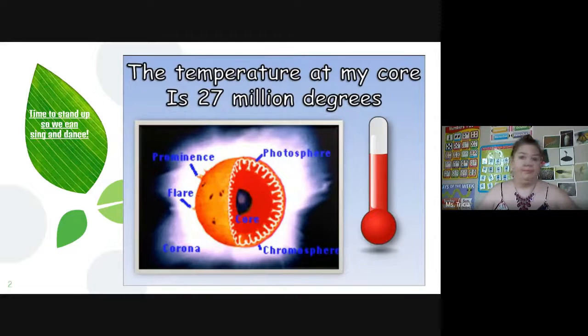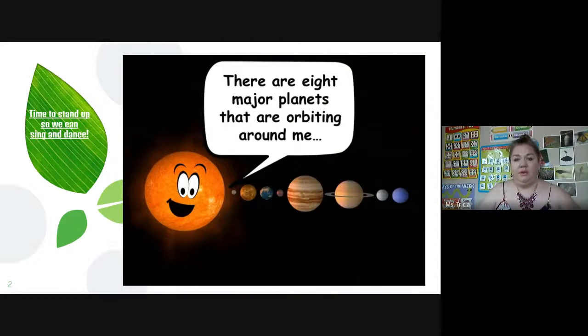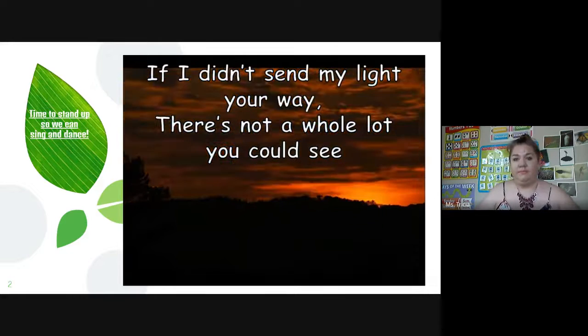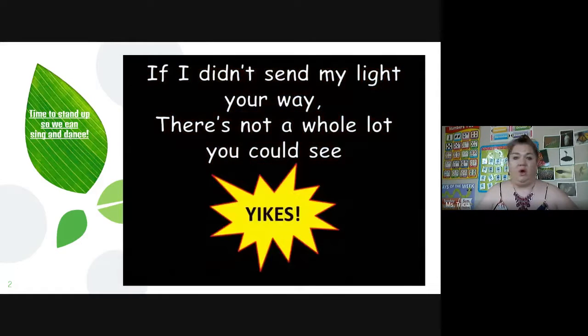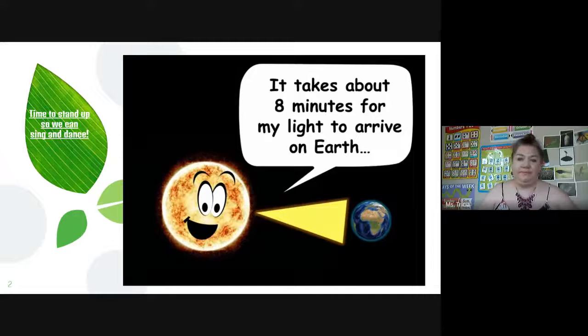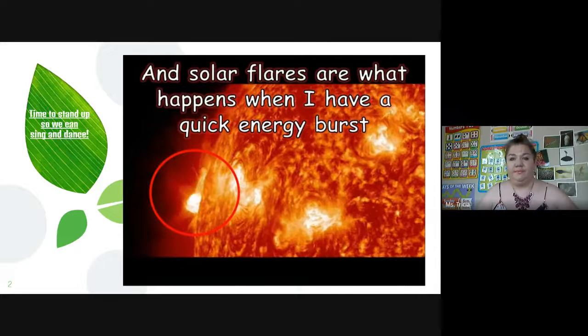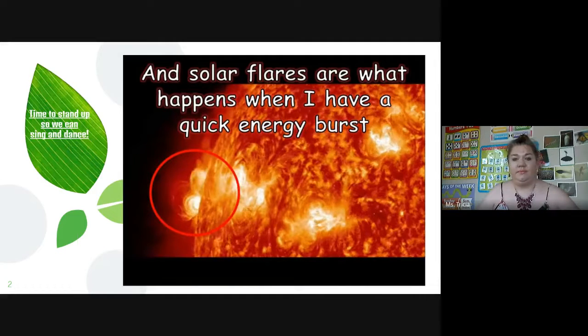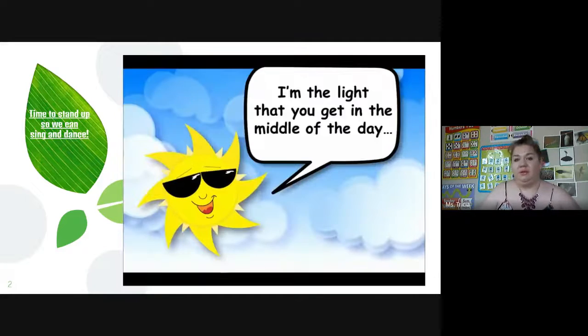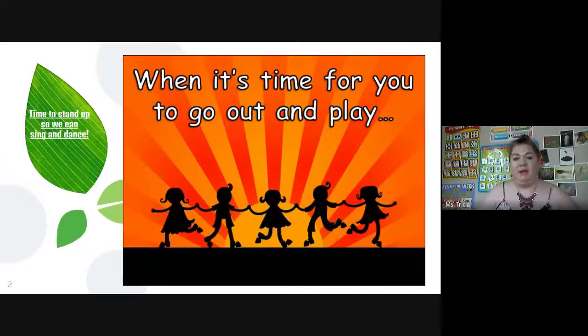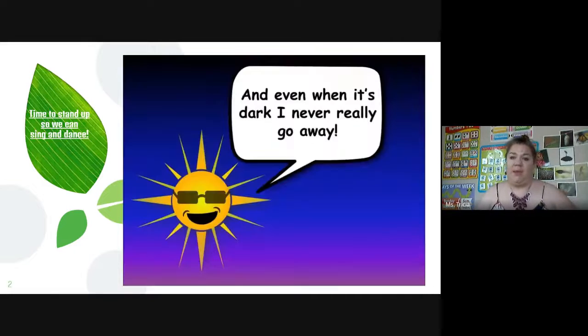Temperature at my core is 27 billion degrees. There are 8 major planets that are orbiting around me. If I didn't send my light your way, there's not a whole lot we would be able to see. It takes about 8 minutes for my light to arrive. Solar flares are what happens when I have a quick energy burst. I'm 93 million miles away. I'm the light that you get in the middle of the day.